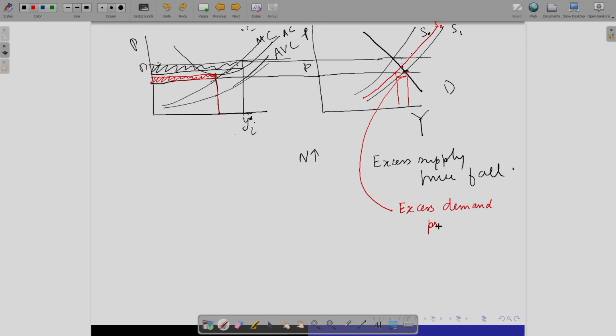So, price rises and the new equilibrium price is going to be this price.